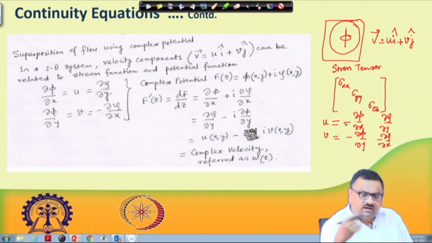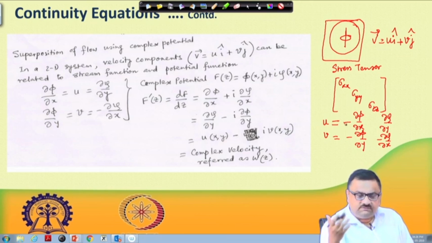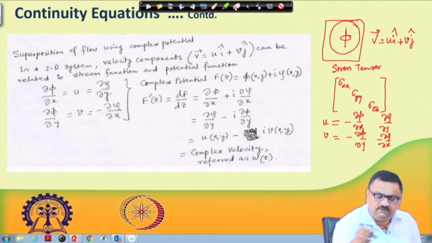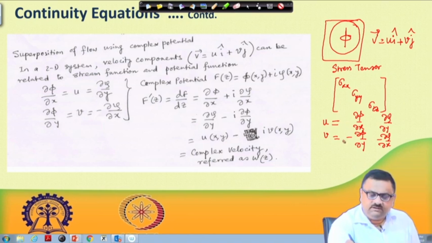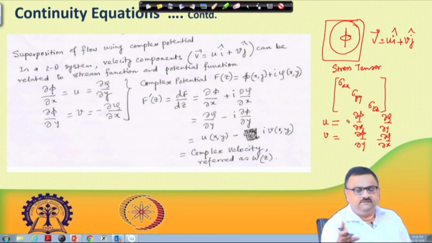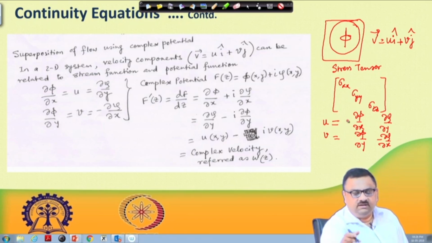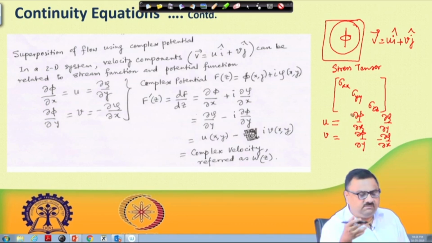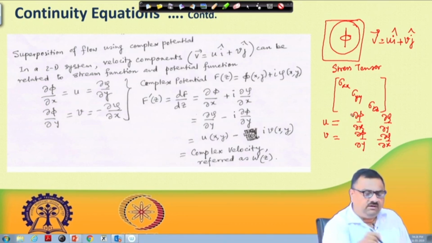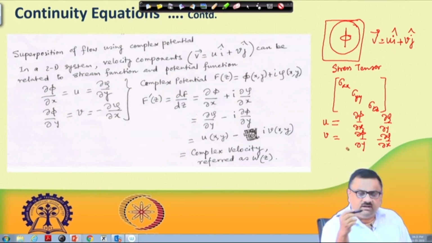But there are another substantial number of authors who did not put this minus sign, because the purpose is one and the same. Without the minus sign you can still generate these plots. So, what we are doing in this analysis, we are not putting a minus sign.